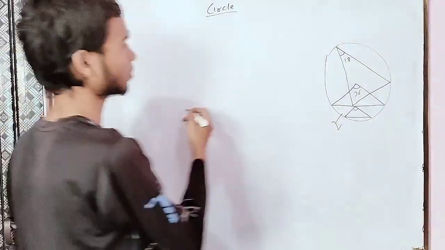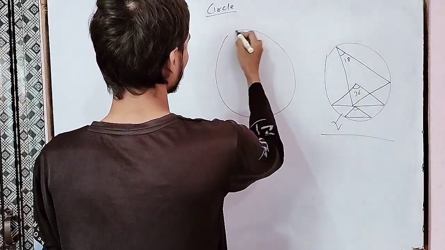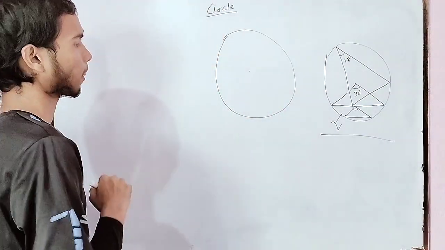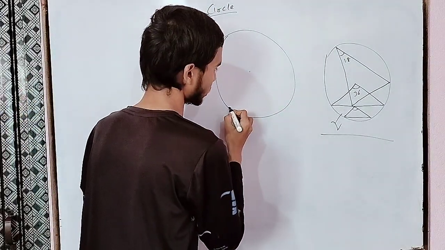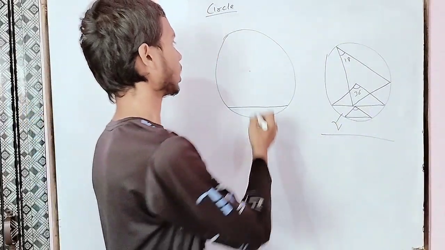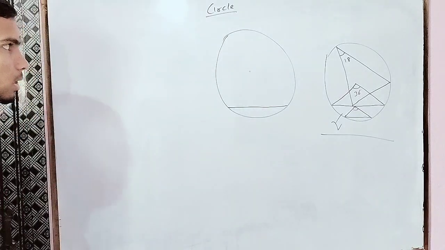Now one point more. This was one. Now what is the next? This is next. Here there is a sector, there is a chord, and there is a point. The point is fixed, which is at the center.